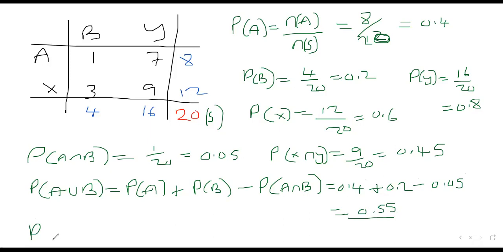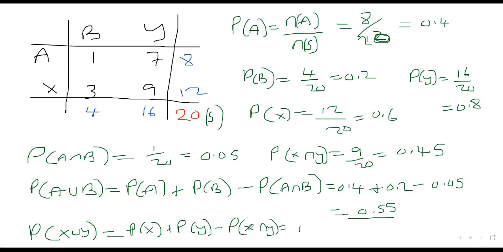Who wants to try the union set of X union Y? Probability of X plus probability of Y minus the intersection set of X and Y. What's the probability of X? 0.6.